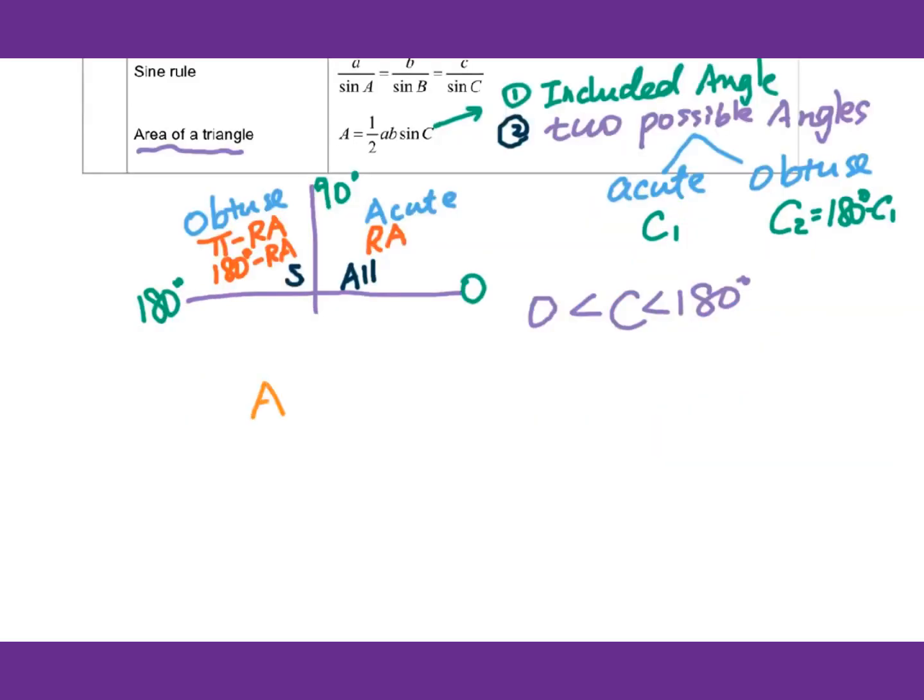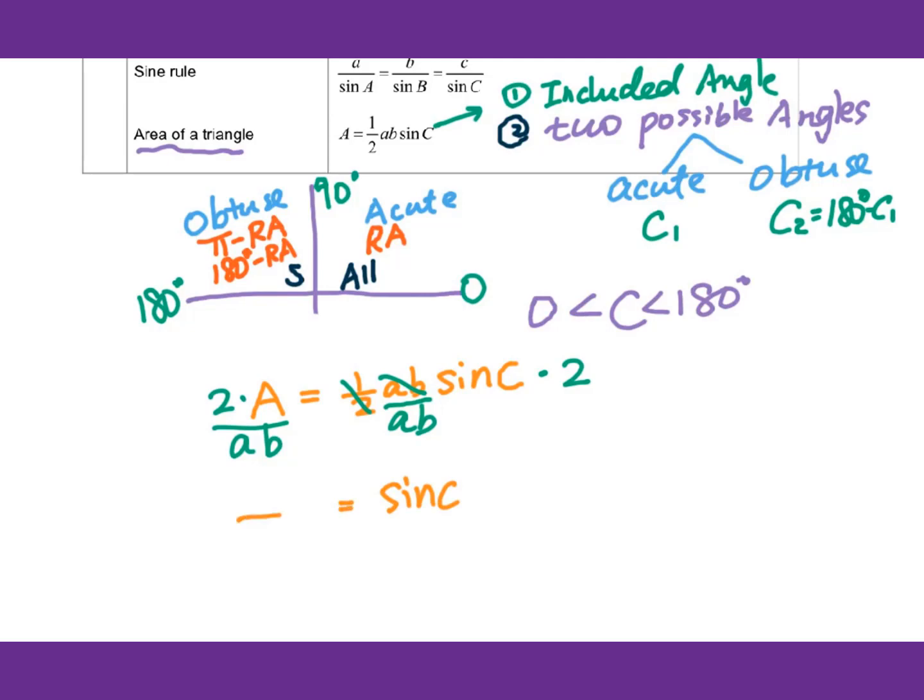Therefore, when we get area equals 1/2 AB sin C, let's solve for C first. You need to get rid of this 1/2 by multiplying both sides by 2. Get rid of this AB by dividing by AB on both sides. So you will get sin C equals 2A/AB.